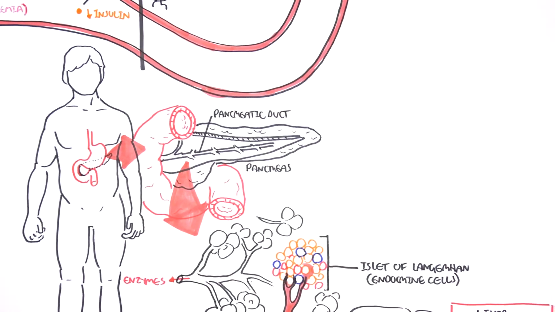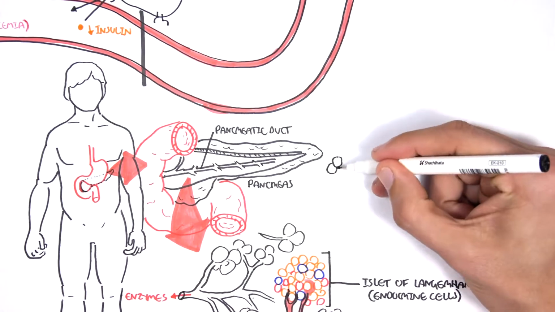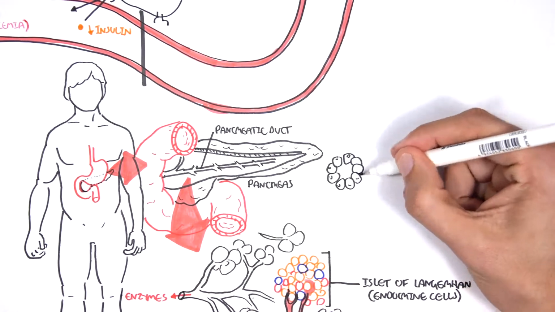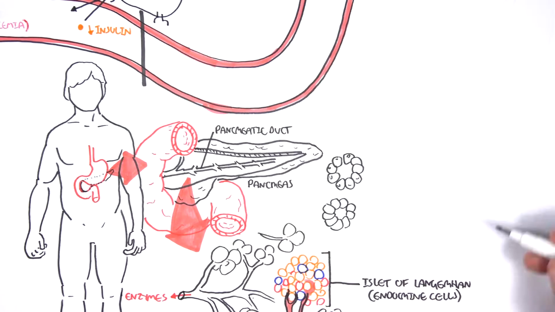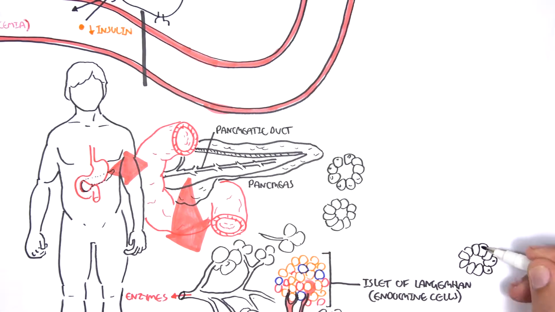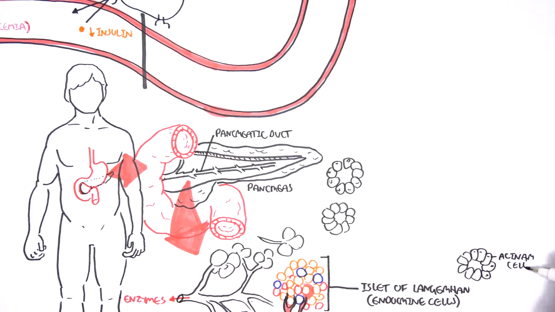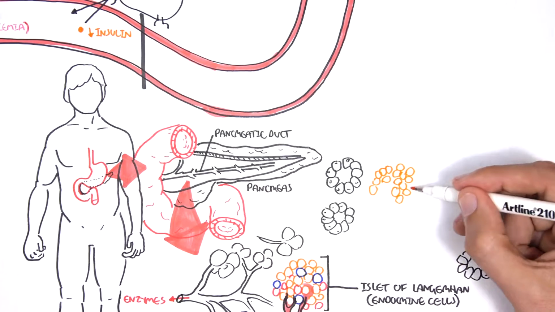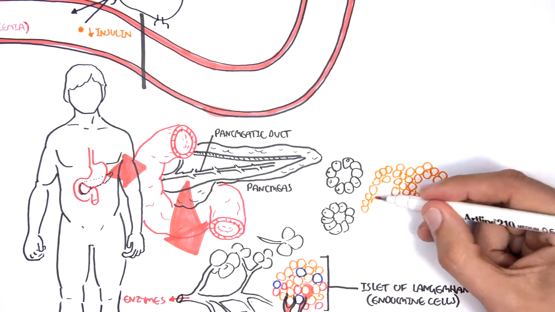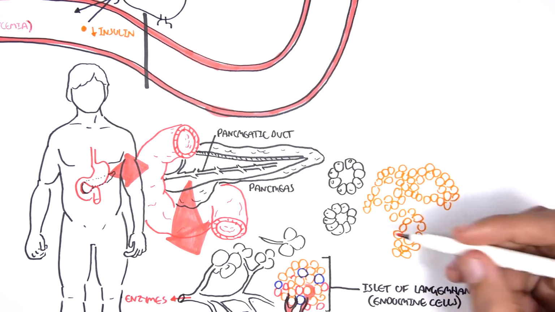Let us take a closer look at the islets of Langerhans, where insulin is produced. So here are the acini cells, which are your exocrine cells. Next to them, we have islets of Langerhans, which are the cluster of endocrine cells which produce hormones.